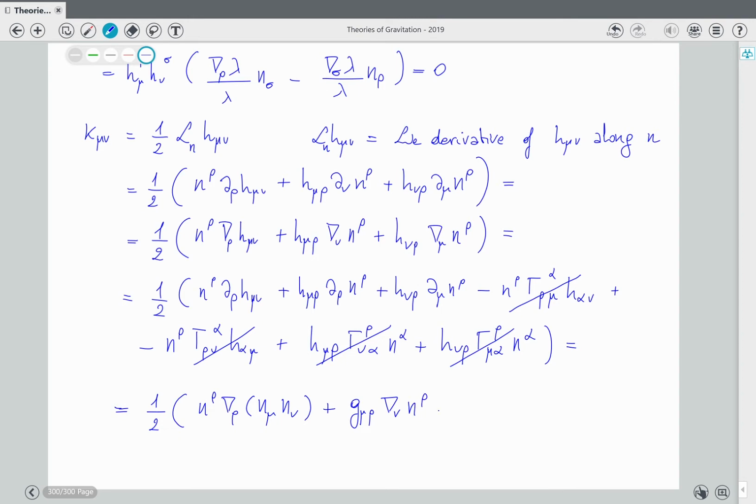So we have, yes, we have a minus G minus N mu N rho partial nu rho N rho plus H nu rho, so that is G nu rho del mu N rho minus N nu N rho del mu N rho.